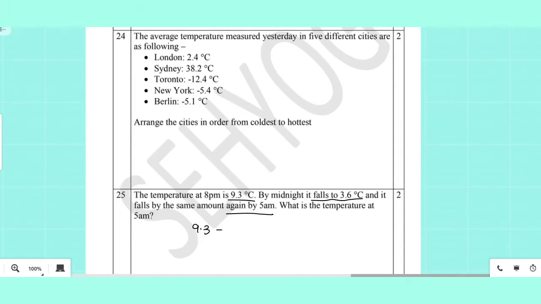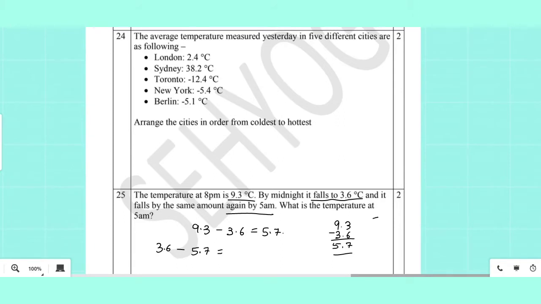So we subtract 3.6 from 9.3 and we find out how much the temperature has fallen at midnight. So we can see that the temperature has fallen by 5.7 degrees. So what will be the temperature at 5 a.m. if it falls by 5.7 degrees again from the temperature at midnight?